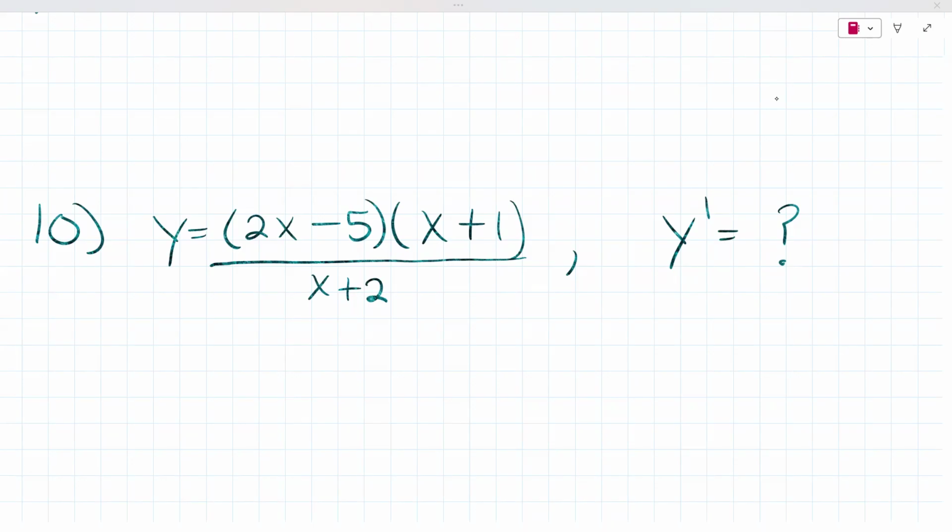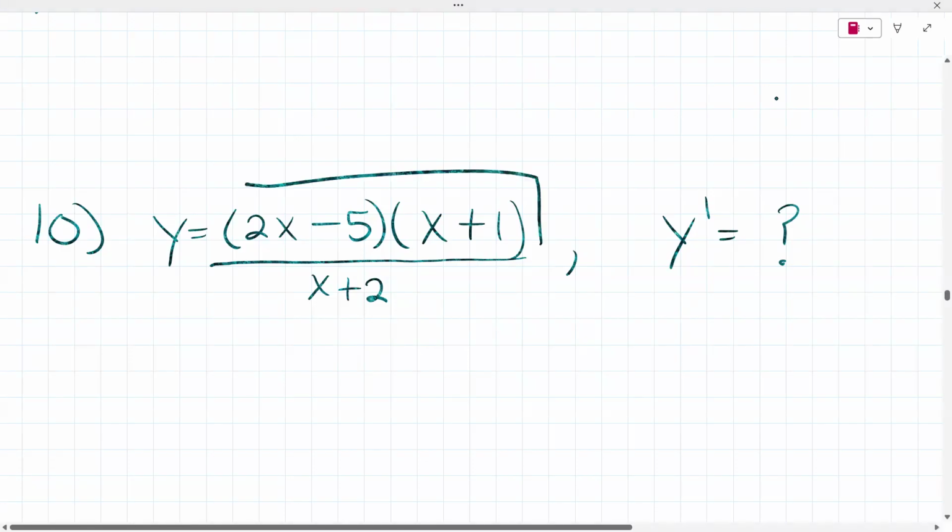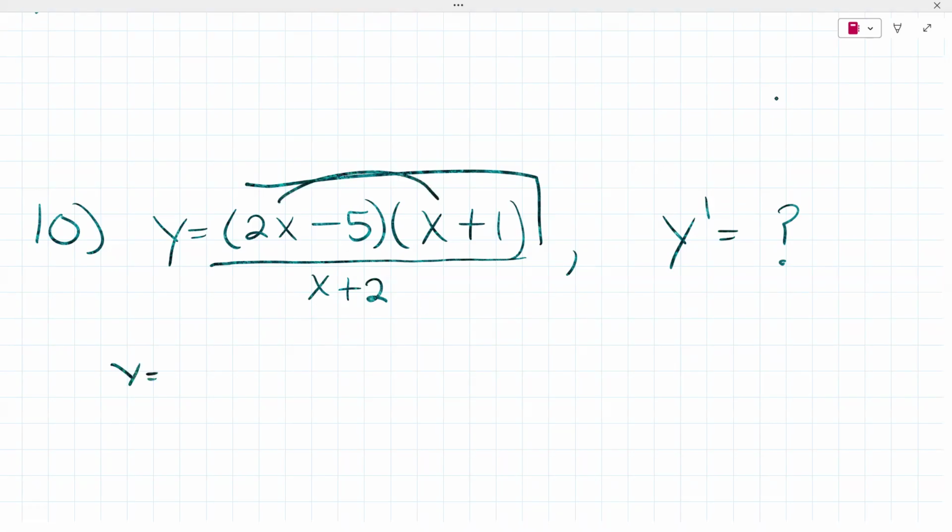So we'll definitely have to use the quotient rule, but before I do the quotient rule, could we simplify the numerator? Yes, we can. If you FOIL this out, that would be 2x squared plus 2x minus 5x minus 5, all over x plus 2.